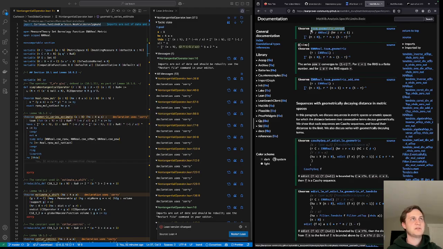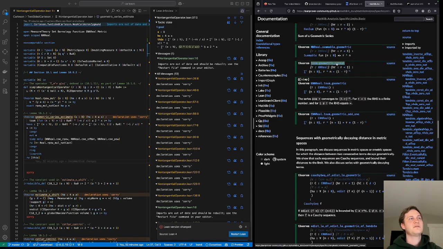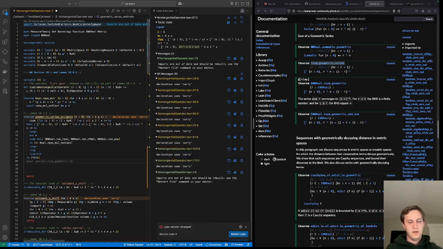I think someone should change this from being named tsum geometric NNReal to being named NNReal.tsum geometric, because that feels like the proper thing. It's also interesting that this is a simp lemma, but this is not. I guess the point is that there's this parameter here. Okay, rewrite.